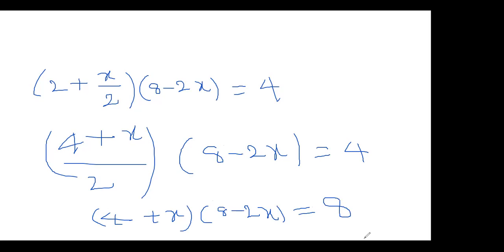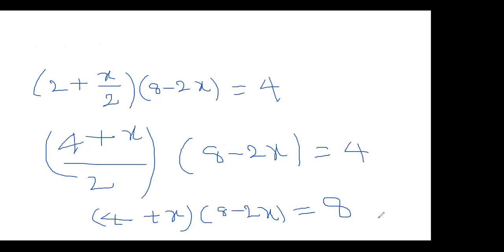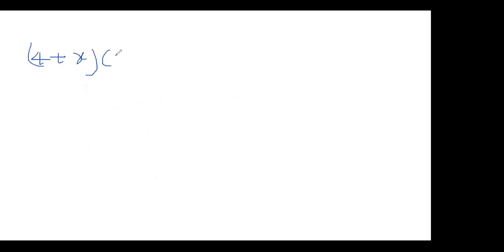Here, the next step is a continuation of this. 4 plus x into 8 minus 2x is equal to 8. Correct?